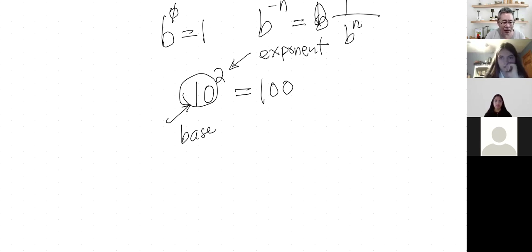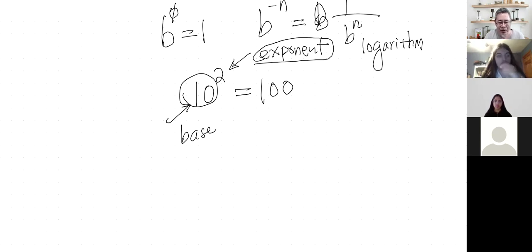And now this exponent also has a name, called logarithm. This means the same thing, just a different name, because it comes from different minor branches of math.